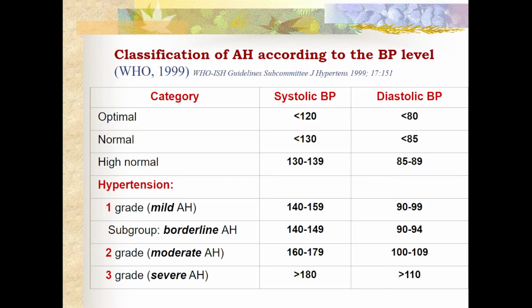And severe arterial hypertension, third grade or third degree, is established when systolic blood pressure consists of 180 and more millimeters of mercury and or diastolic blood pressure consists of 110 and more millimeters of mercury.